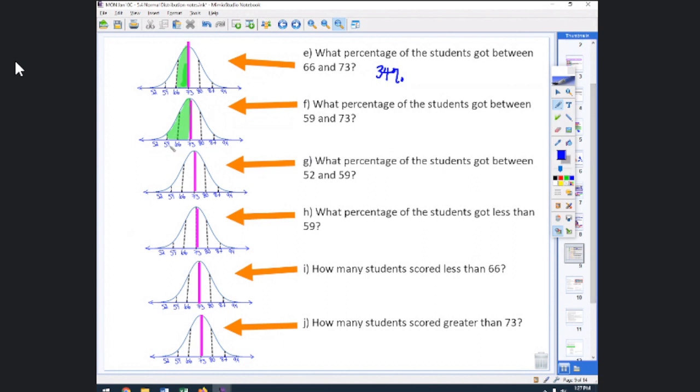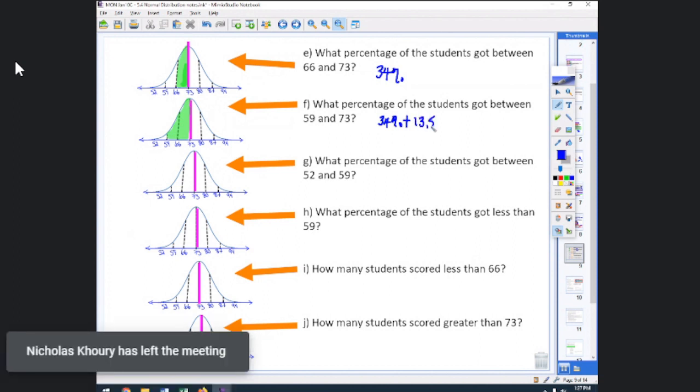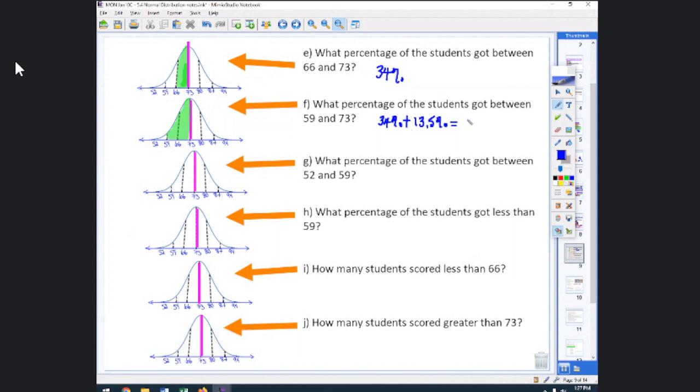Between 59 and 73. So that's one standard deviation to the left. So that would be 34%. Plus, we have to go another standard deviation to the left, which I think is 13.5. Is that right? So what does that equal? Is that 47.5%?